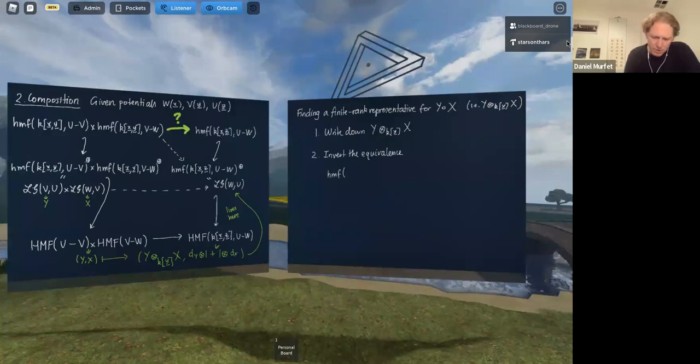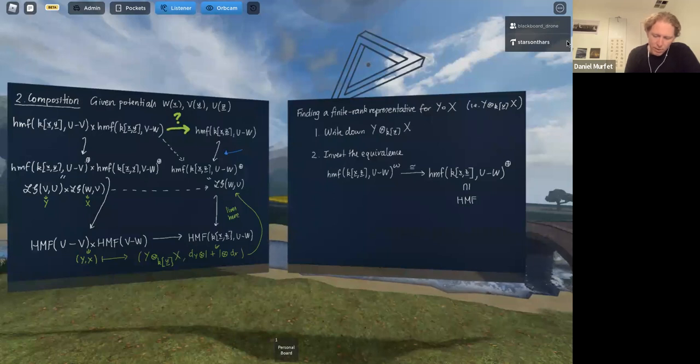So the equivalence I'm talking about is related to this blue arrow here. As I mentioned earlier, the Karoubi completion is equivalent to the other completion. So they might seem like, well, what's the difference? But one is completely finite and the other isn't. So remember, that thing lived inside HMF. And the way we define it, the tensor product or the composition of the one morphisms lives in this category.